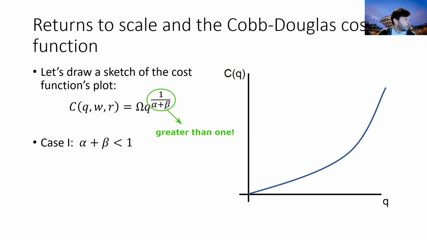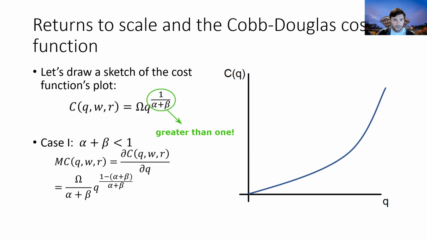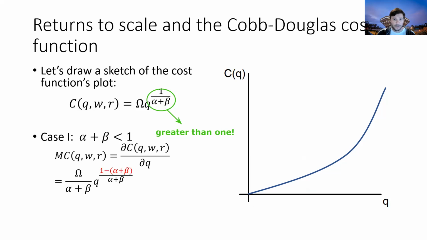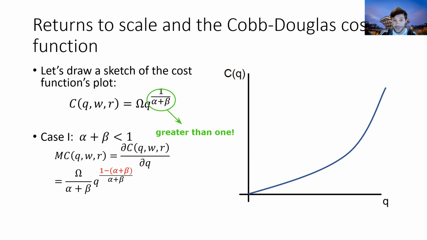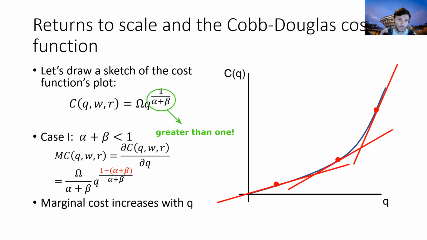We could take the derivative of the cost function with respect to Q. The exponent comes out front, so we get omega times 1 over alpha plus beta, and then we subtract 1 from the power there. We should recognize that if alpha plus beta is smaller than 1, then that exponent on the marginal cost expression is going to be bigger than 1. So our marginal cost actually increases as we increase Q.